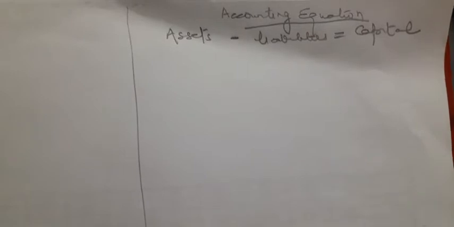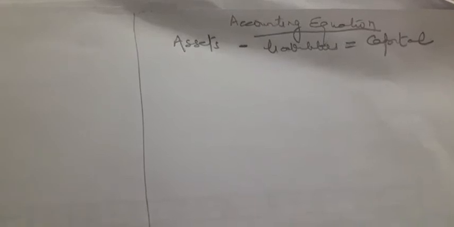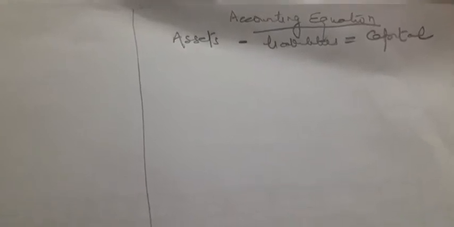In each and every transaction, according to double entry system, there must be at least two aspects. Every transaction affects at least two aspects, and this accounting equation helps us to check whether the rules of double entry system have been followed or not.